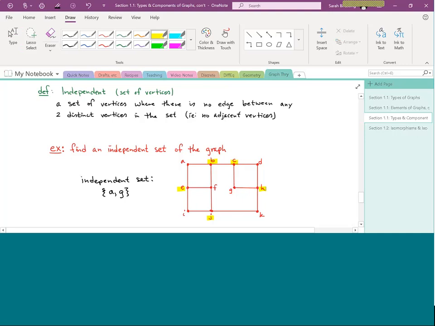Now, suppose you look at this set: A, D, F, G, I, and K. Anybody spot where I grabbed those vertices from?